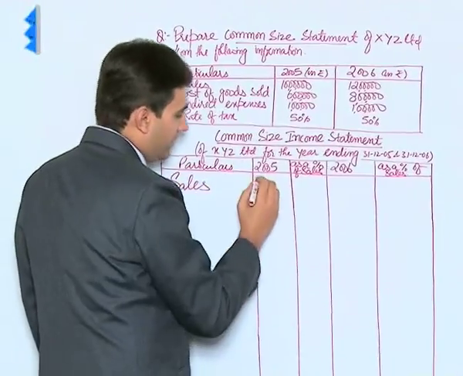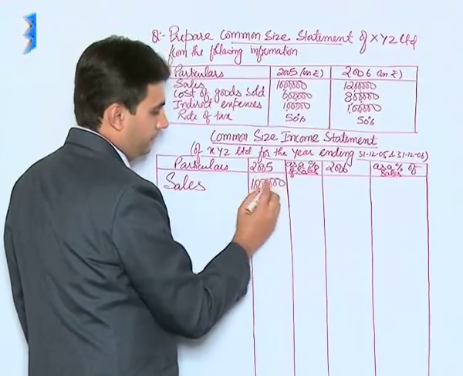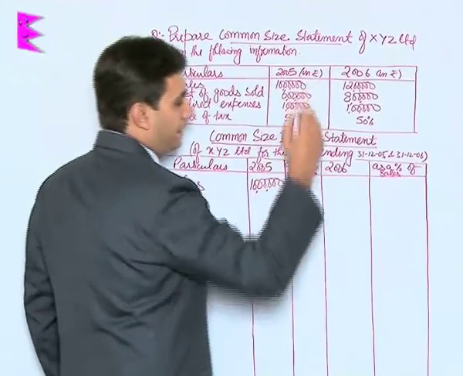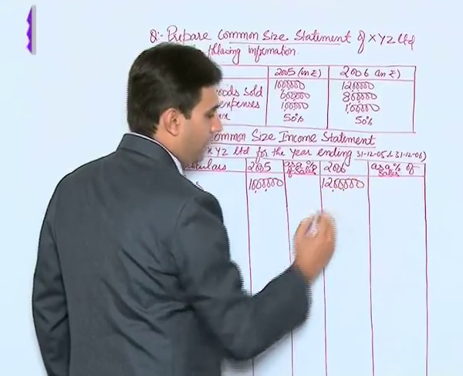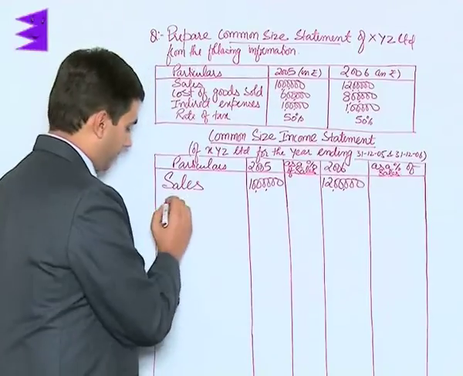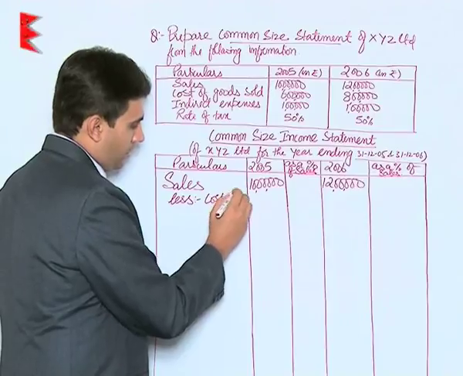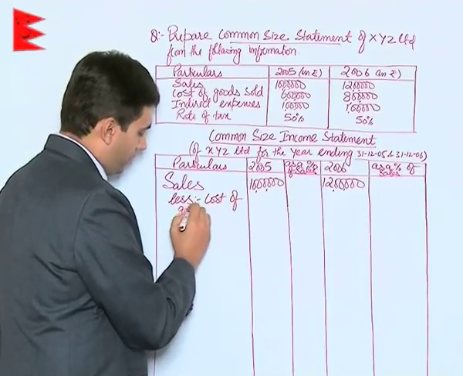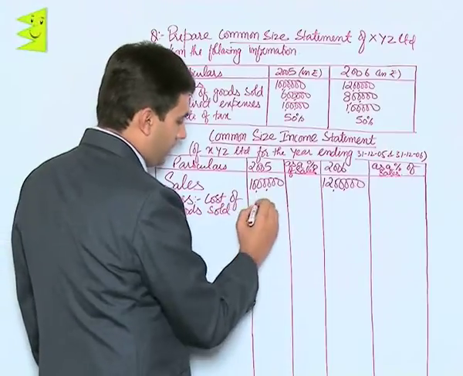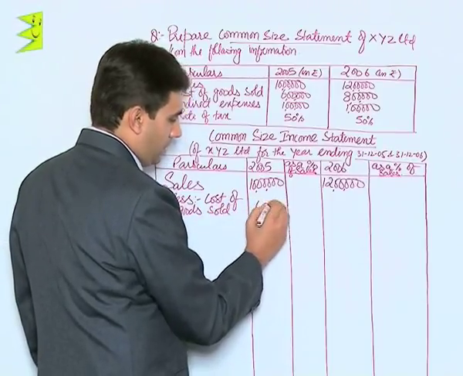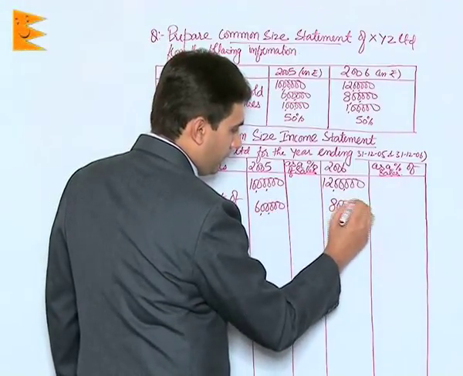In first year, sales is rupees 10 lakh, and in the current year the sales are rupees 12 lakhs, less cost of goods sold, that is 6 lakh and 8 lakhs.